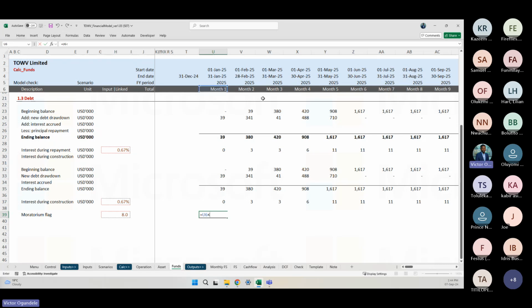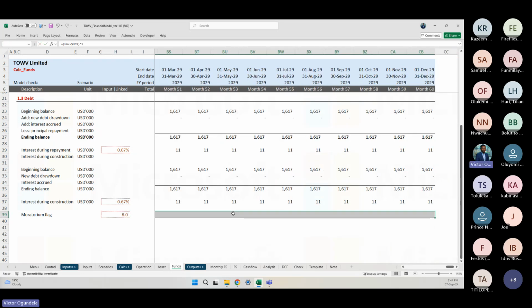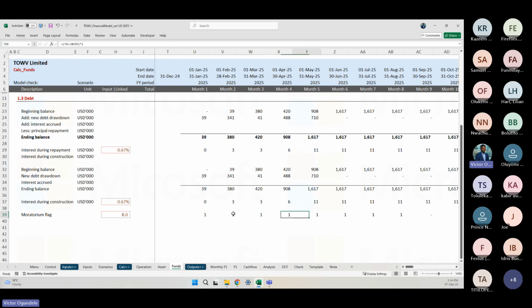It should be, are you lesser than or equal to our moratorium period, which I'm going to lock the column, put both of them in brackets. Now multiply by 1. Drag that across. So which means we expect to see 1s over 8 months and then 0s.